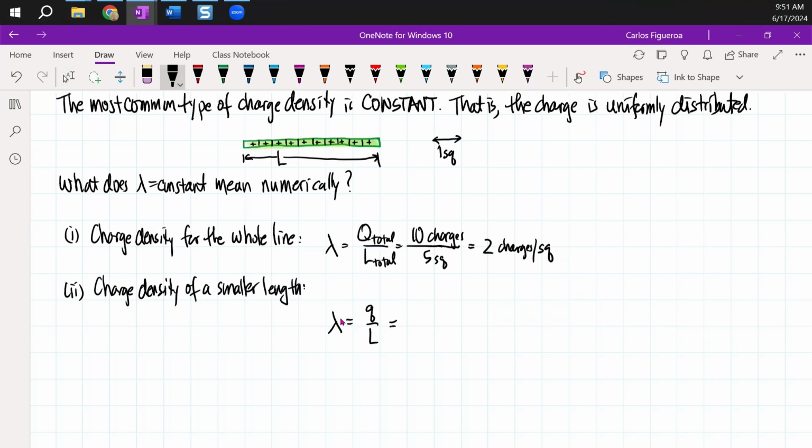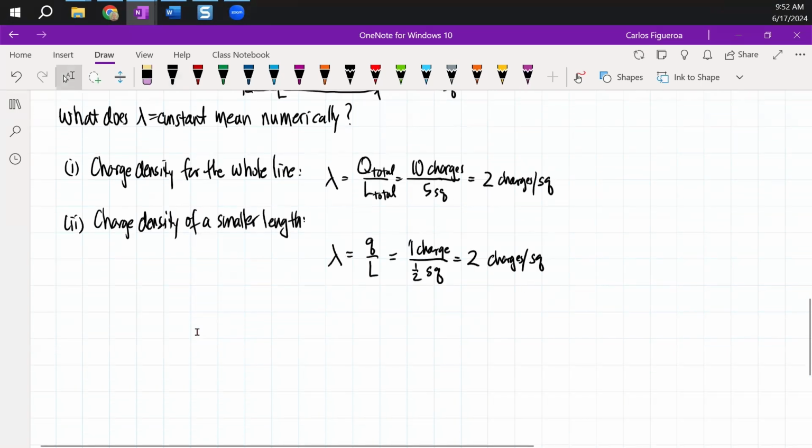For one charge unit, I contain one charge, and you can see that it's only in half a square, which gives me 2 charges per square. That's what I mean by a constant charge density.